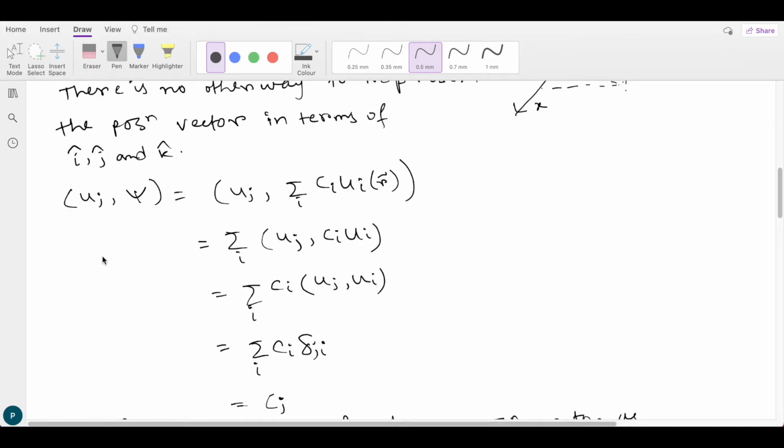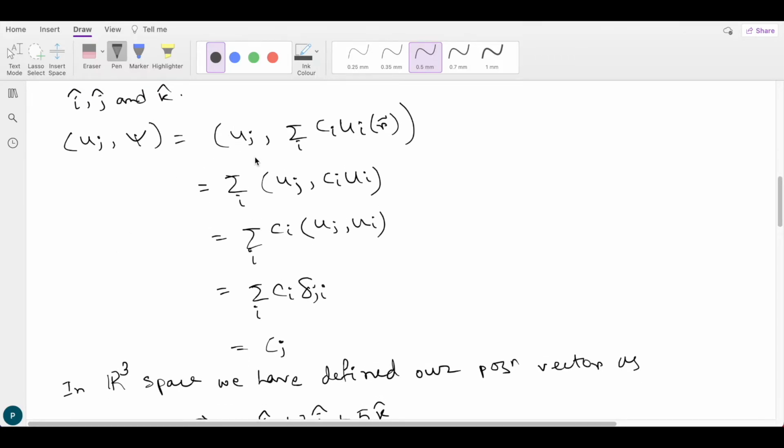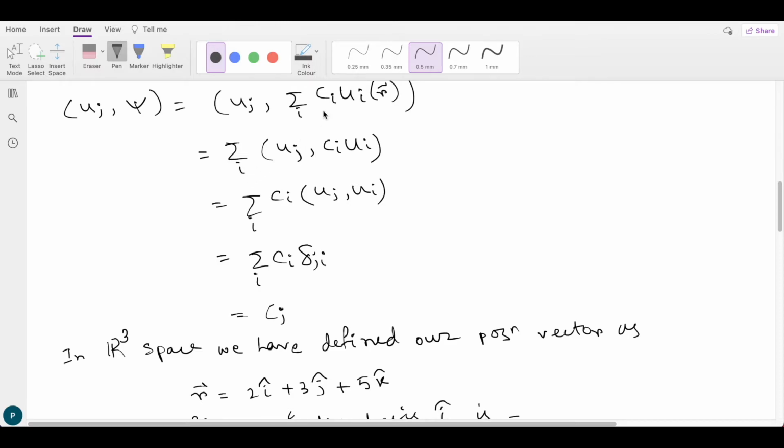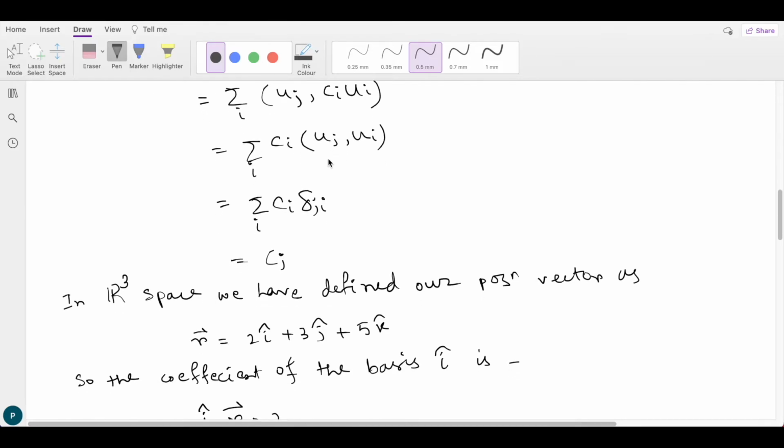So the dot product of uj with psi is uj comma, we are writing psi as summation of ci ui. So we can take the summation outside and we get the dot product of uj and ci ui, and we know ci is a constant. We can take it out of the dot product. We are left with the dot product of uj with ui, and we have already said that ui's are orthonormal.